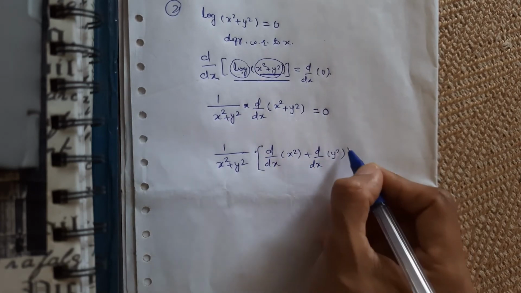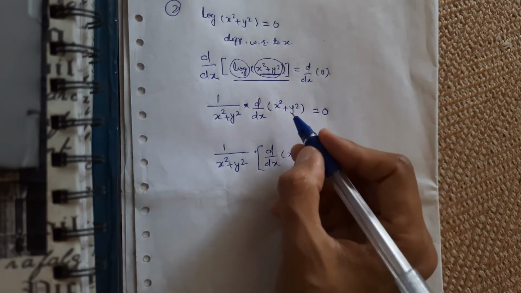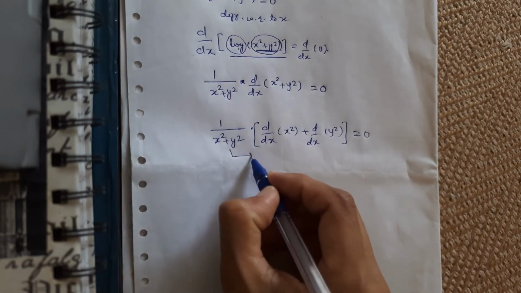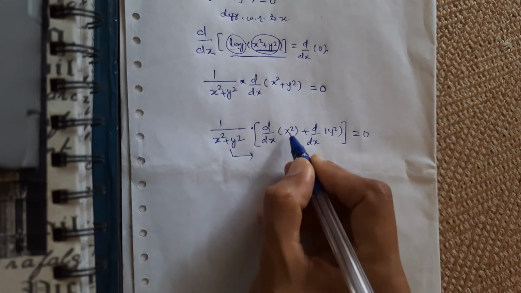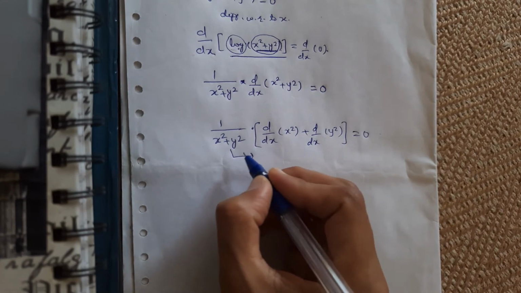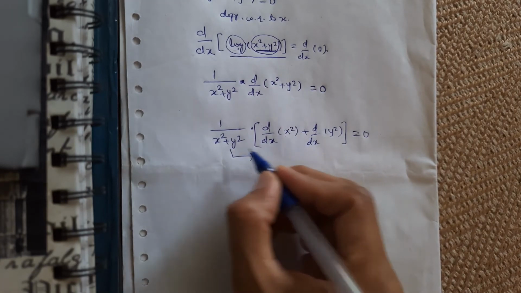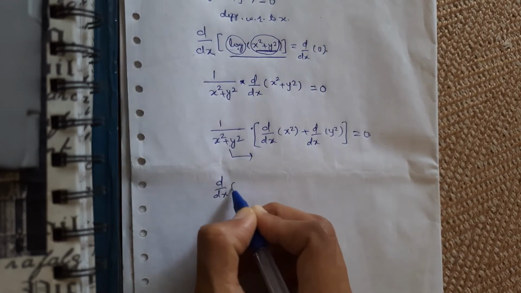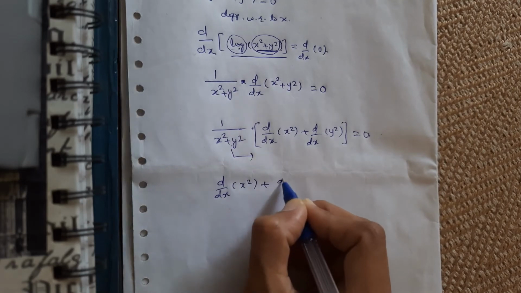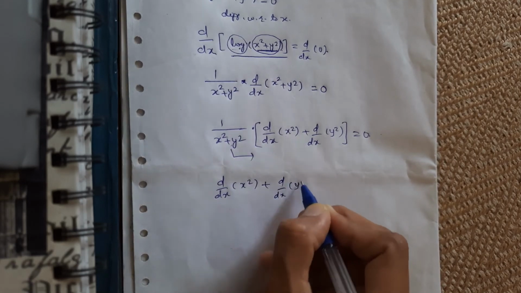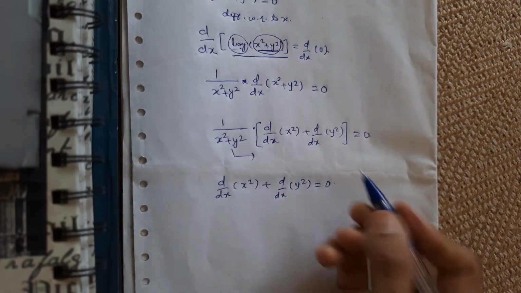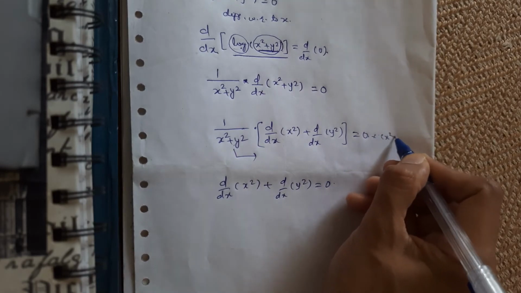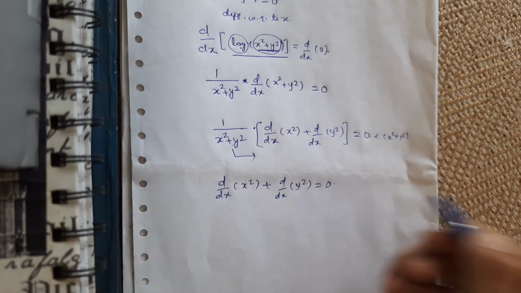Now every time you don't need to write this in separated form, you can directly take the derivative. If I shift this term to this side, it will become 0. So I will get d/dx of x square plus d/dx of y square equal to 0 into x square plus y square, which is 0 again.